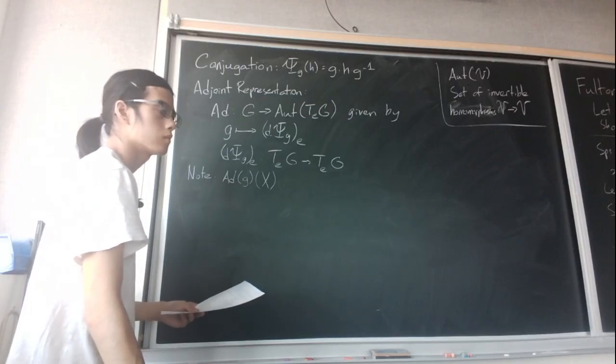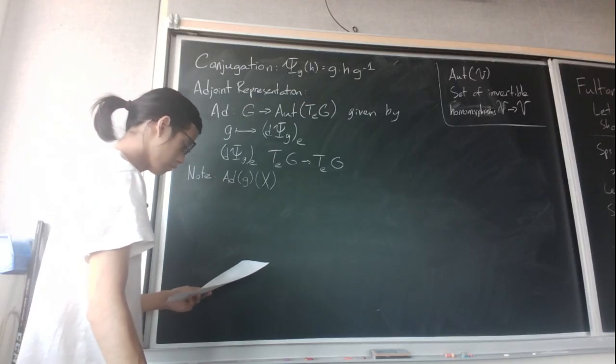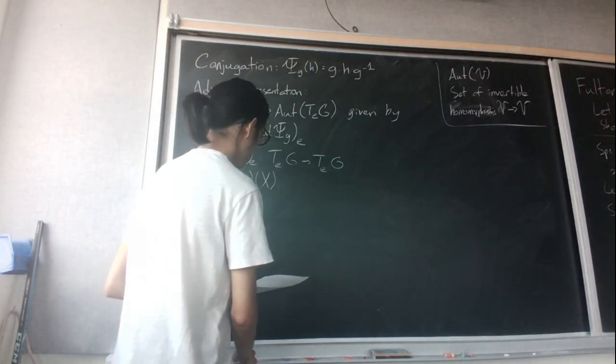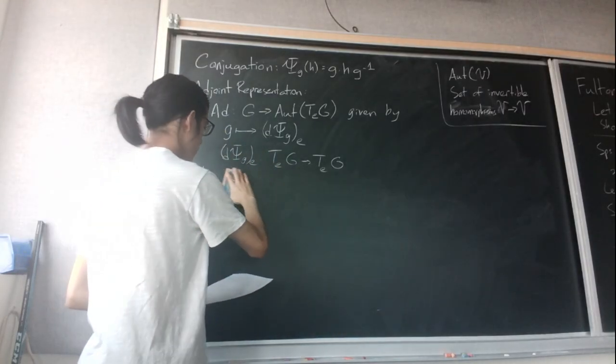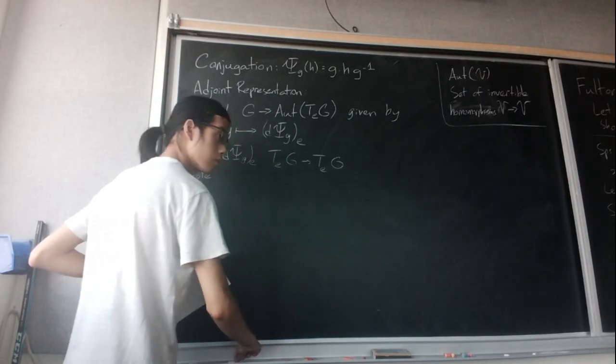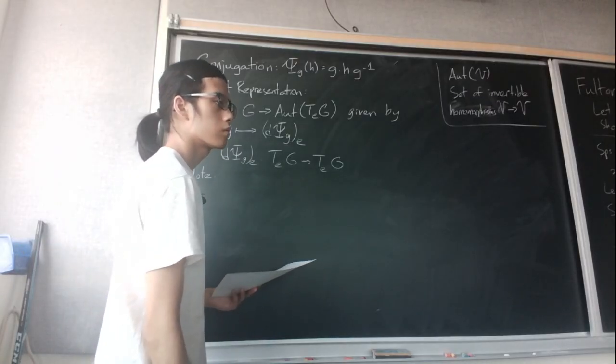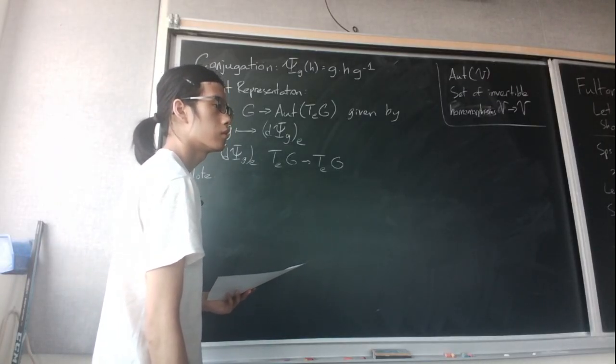You would still need to say something about this map. Oh, but then conjugation is an invertible linear map, right? Yes, conjugation is an invertible linear map, and it's invertible everywhere.